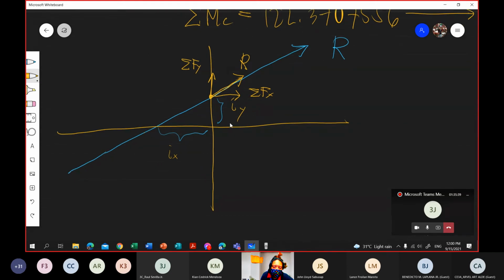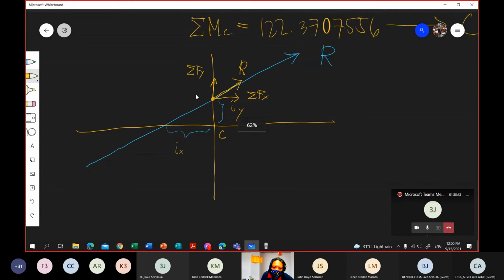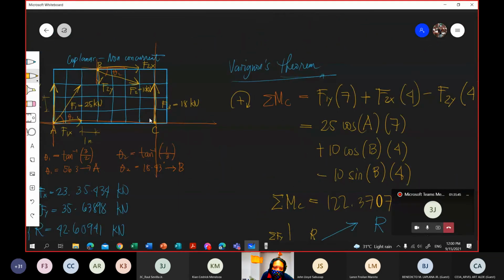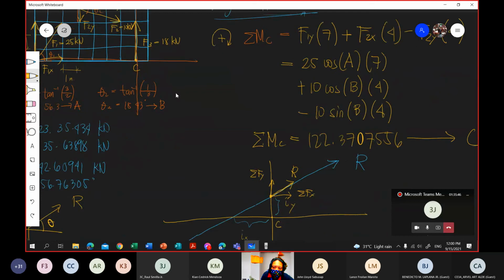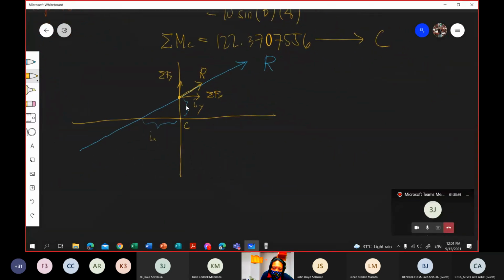Yun. So, if I sum the moment, take note this is the point C. Okay. So to solve for IY, take note an atom summation of moment is equal to positive 122.370 or whatever.